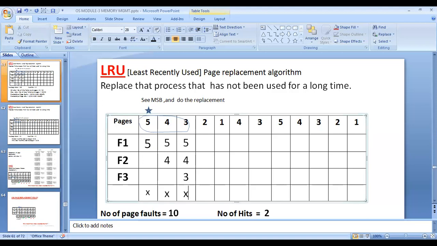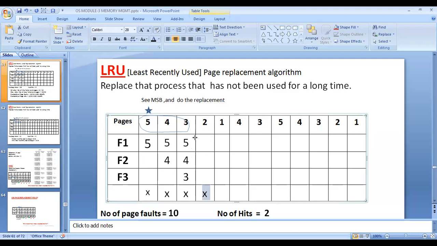Again, we have a page fault or a page miss. Now coming to the actual implementation of this LRU, page number 2 is the next page. Again, we have a page fault because page number 2 is not present in any of these frames.